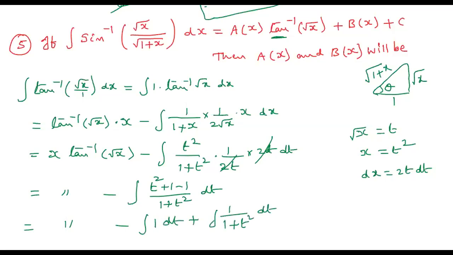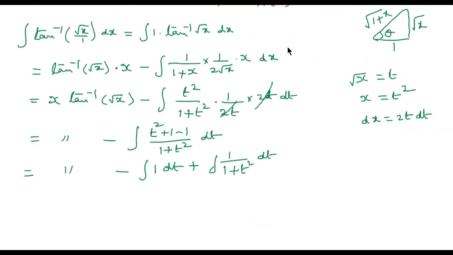So the first one is the same, minus integration 1 dt, that is t. T means root x, plus integration 1 by 1 plus t square, that is tan inverse t. What is t? Root x. So finally tan inverse of root x plus c.